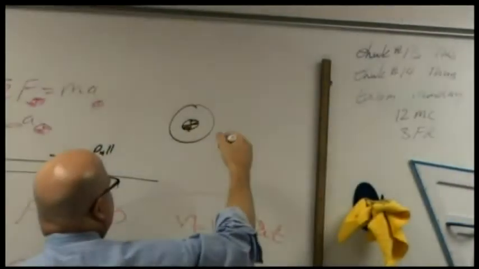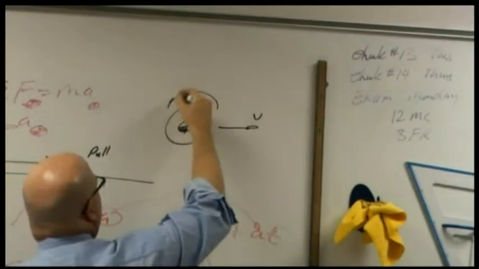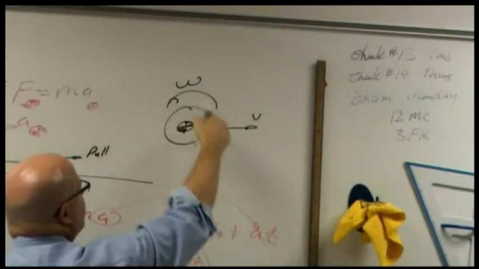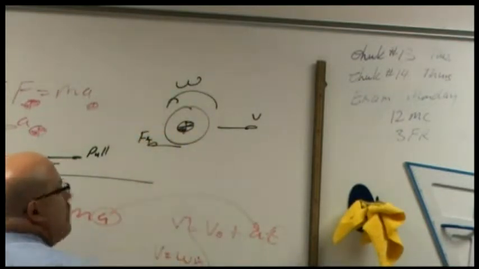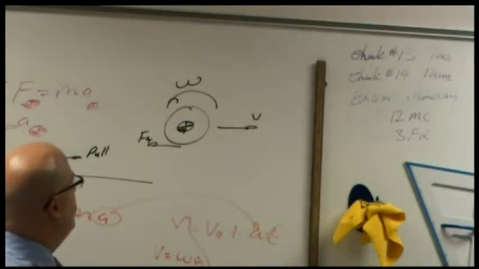So what you end up with is, here's your object. It's translating this way and rotating this way. Technically, wouldn't it be sliding, so it has friction this way? Wouldn't its velocity be bigger than its angular velocity?